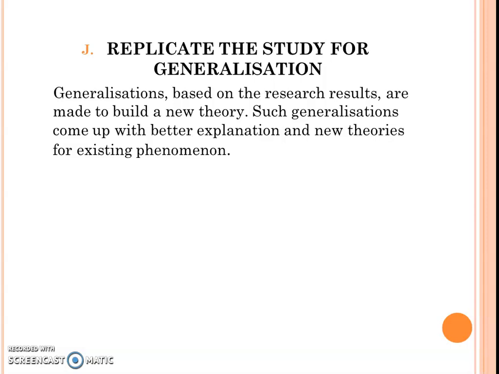So when we go for generalization, we have to have a replicative study. That means we have to conduct the study in different scenarios and prove that this kind of results are generalizable, and this will be applicable in all cases. Only then can we say that this is a generalized theory and we can apply it in every place.